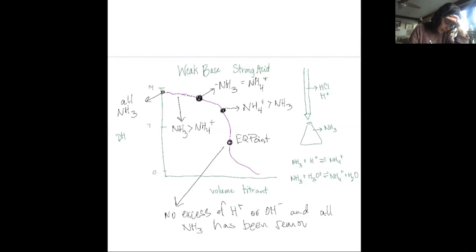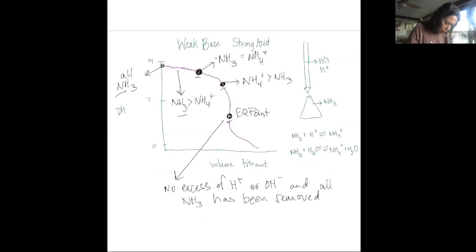All of our base is gone. We had a lot of base. We still had more base. We had base equal to conjugate acid. We had more conjugate acid. We have no base. Therefore, we only have the conjugate acid of the weak base present.